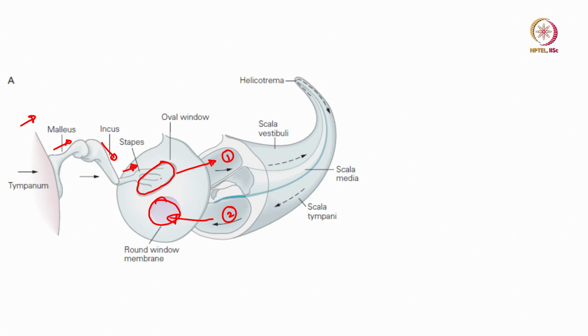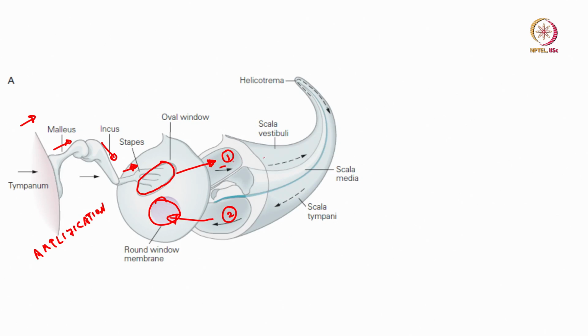Now, when sound is transmitted, I told you about amplification here. So, amplification is at the oval window, and the sound is transmitted through the Scala vestibuli. Please do note that this is a 3D cut section.